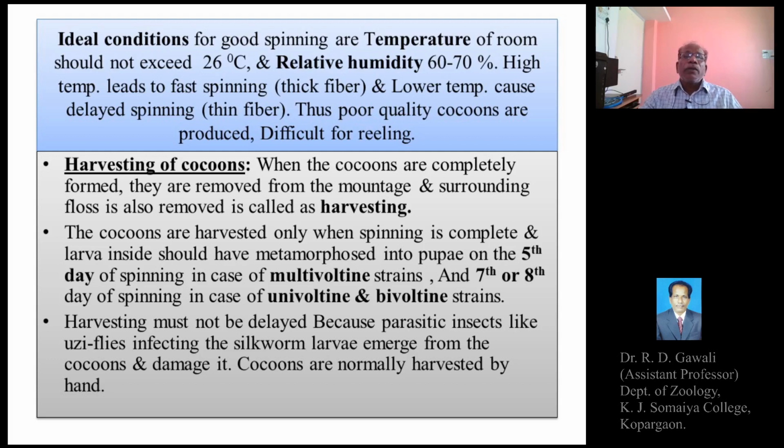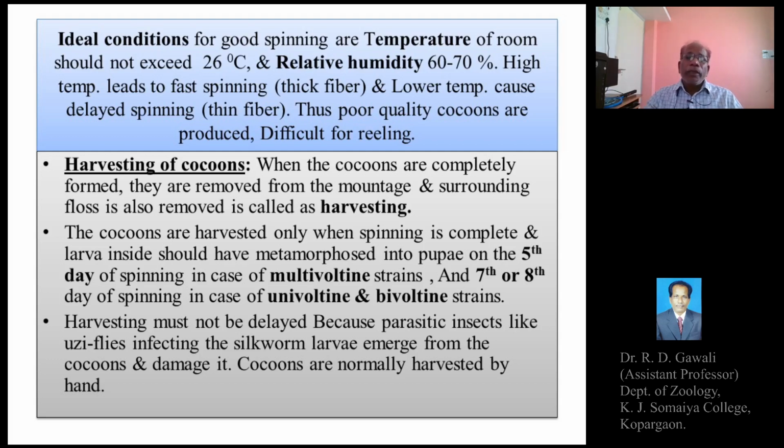Harvesting of the cocoon should be done on or just after the fifth day of spinning in the case of multivoltine strains, and the 7th or 8th day of spinning in the case of univoltine and bivoltine strains.